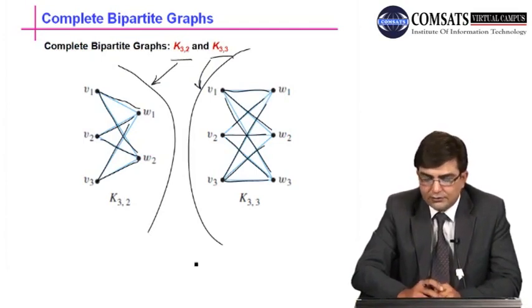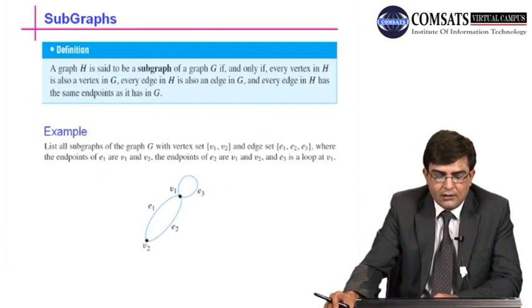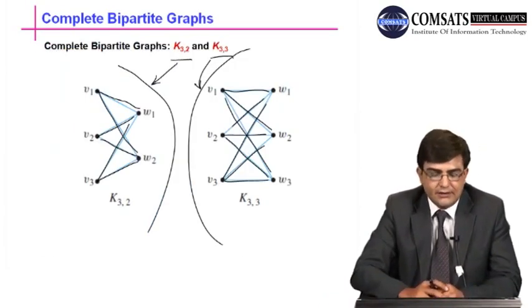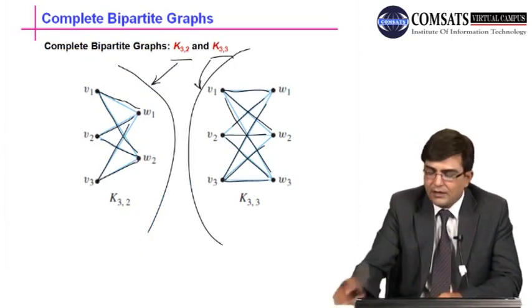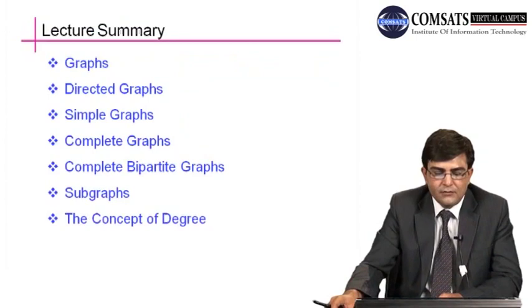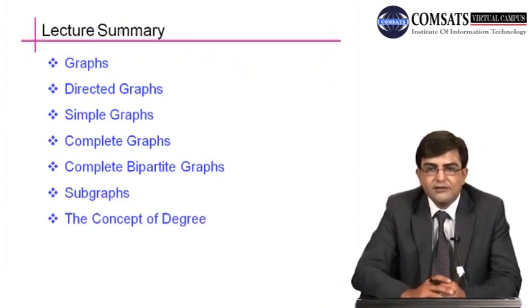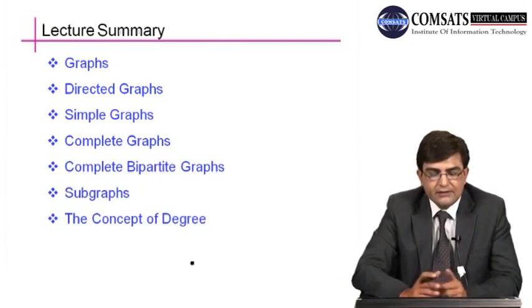So for today, I think it's enough. We stop here, and in today's lecture we have discussed the basic terminology of graphs and what kind of problems we can deal with in this theory of graphs.